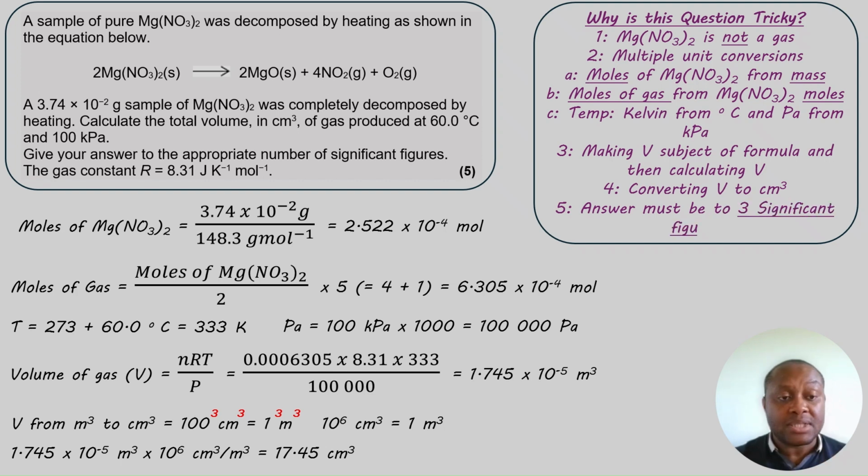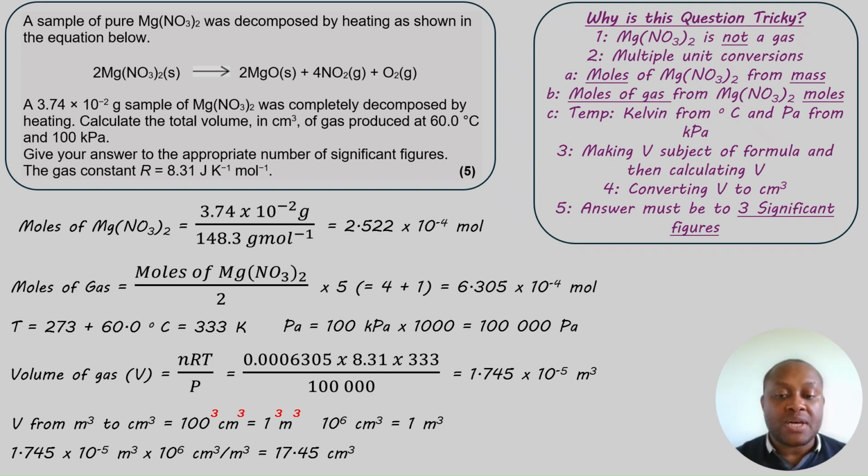Now, very importantly, our question is telling us that we need to give our answer to the appropriate number of significant figures. This is often a banana peel for many students because they don't know what is the appropriate number of significant figures. To determine this, we look at the question. We're given the mass as 3.74 times 10 to the power negative 2. That is 3 significant figures.